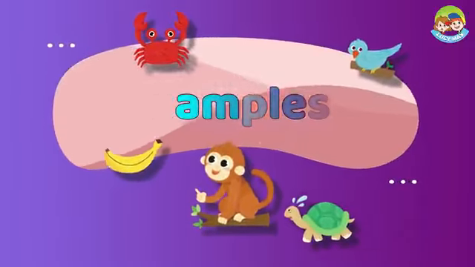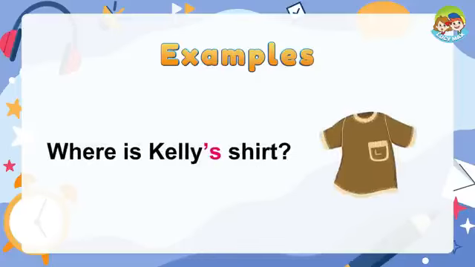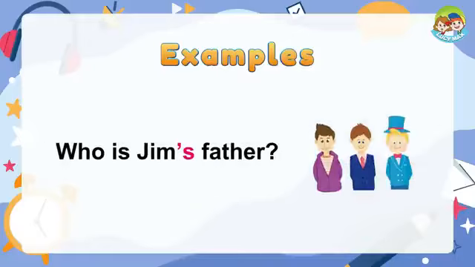Examples. Now let's look at some examples. Where is Kelly's shirt? Kelly's is the possessive adjective. Shirt is the noun. Who is Jim's father?